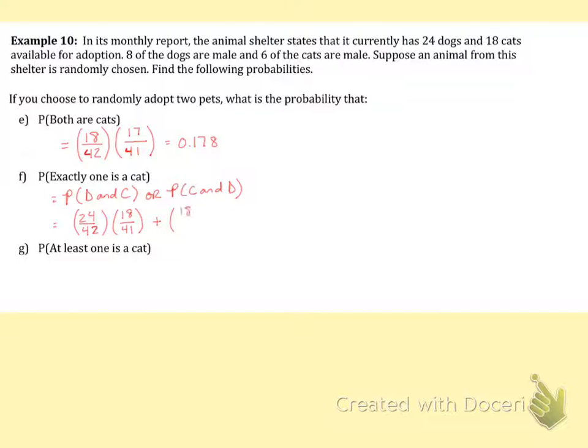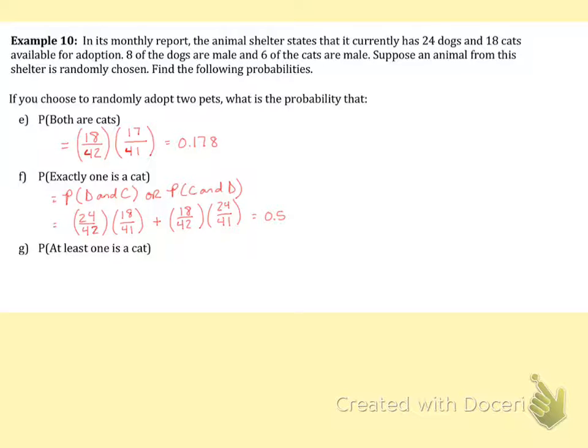So we choose a cat out of the total 42 animals. But we've now chosen an animal, so we're down to 41 animals left, and we're choosing a dog. So notice we got the same value both times, but you can just put this in your calculator, and you're going to get 0.5. And I was going to go into a whole explanation of why this makes sense, but I'm going to move on.